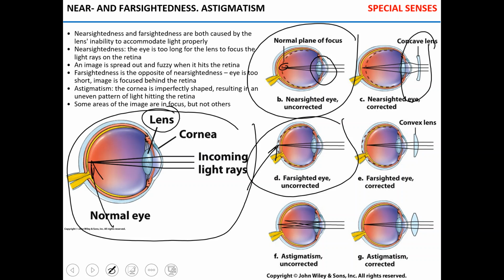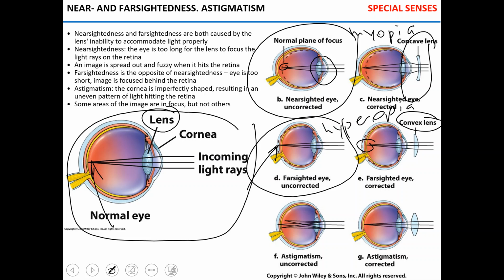To correct for farsightedness, doctors use convex lens, which move the focal point closer on the retina. Another name for farsighted eye is hyperopic. So we're going to call it myopia, and this is hyperopia.